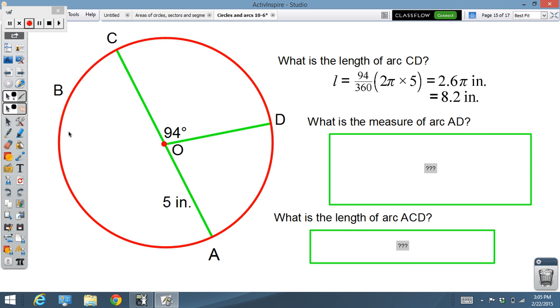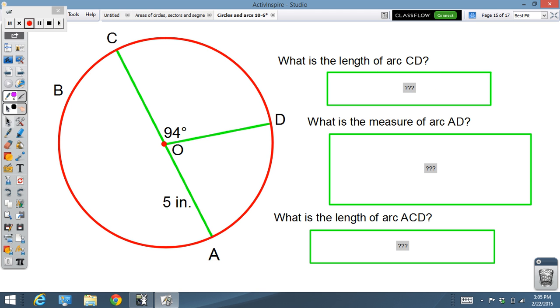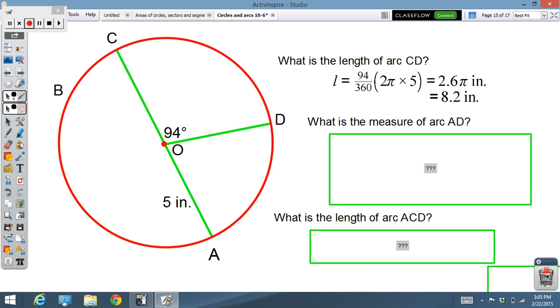So if a problem says leave the answer in terms of pi, you can just leave it this way, all right? Okay. So the measure of arc CD is 94 degrees, but the length, if the radius is 5, is going to be 2.6 pi or 8.2.